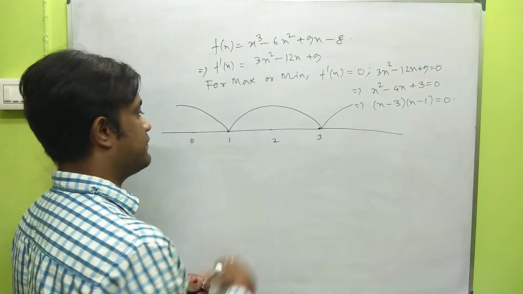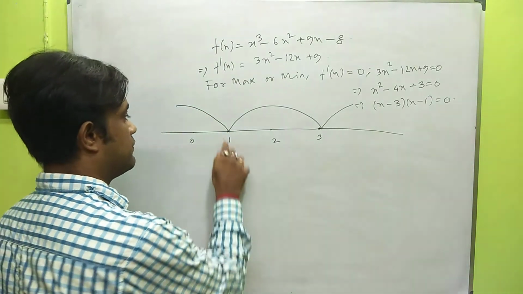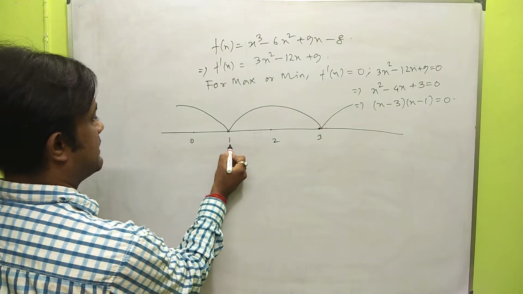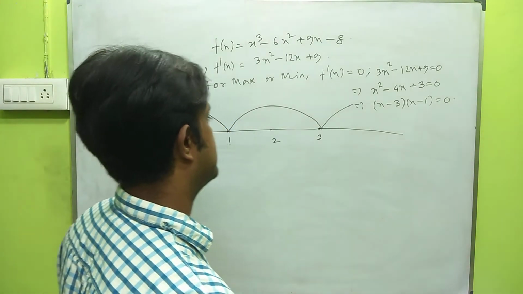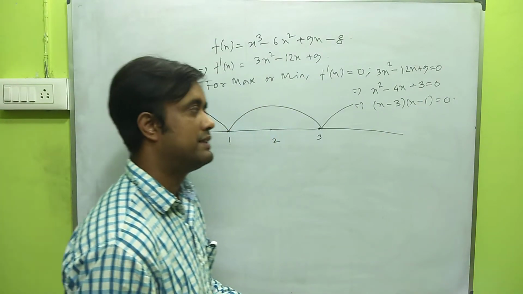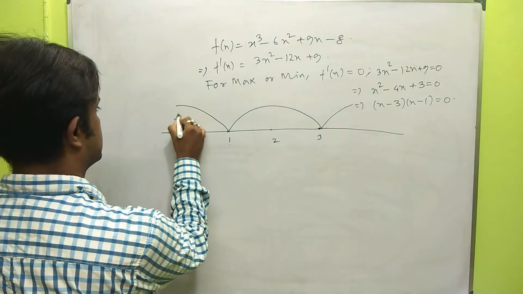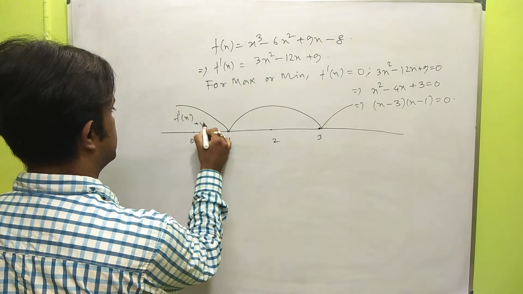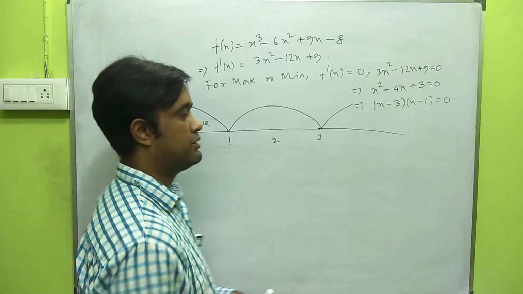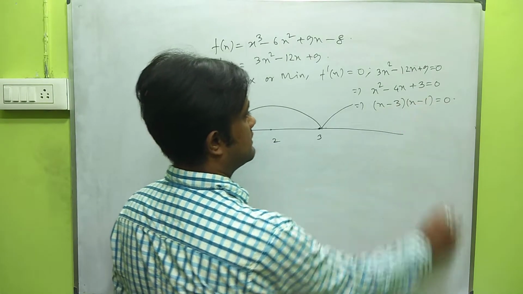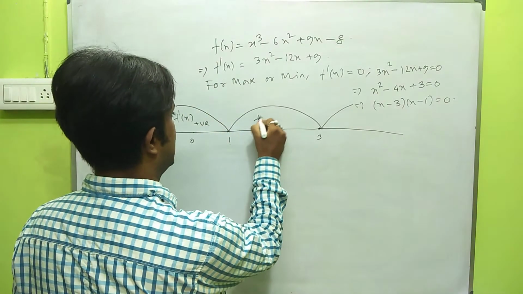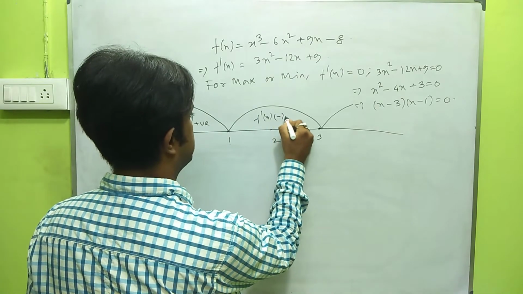Now we check the left hand value of f dash x of the point 1. So at the left side of 1, suppose 0, 0 minus 3, 0 minus 1, minus 1, that is f dash x positive, and on the right hand side of 1, suppose you take the point 2, 2 minus 3 and 2 minus 1, minus 1 into 1, f dash x will be negative.